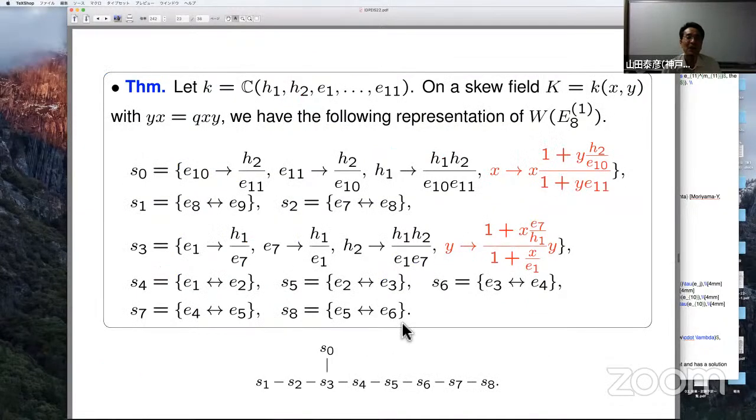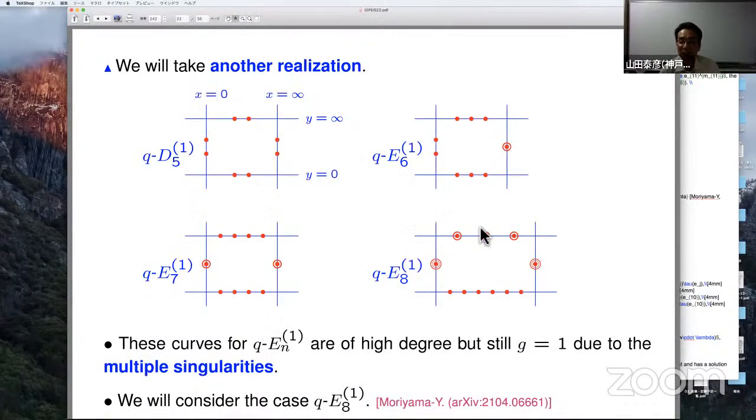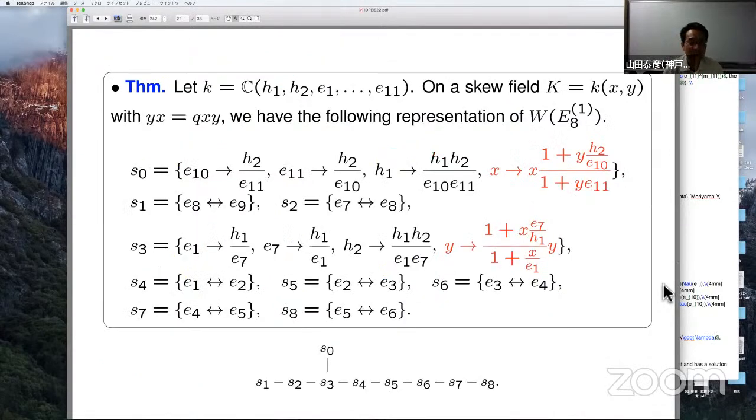Okay, so we consider the E8 case here, and the first theorem is the following. Let K be the coefficient field of rational functions in the parameters, and over the skew field in variables x, y with coefficients in K, we have the following birational representation of the Weyl group E8^(1).